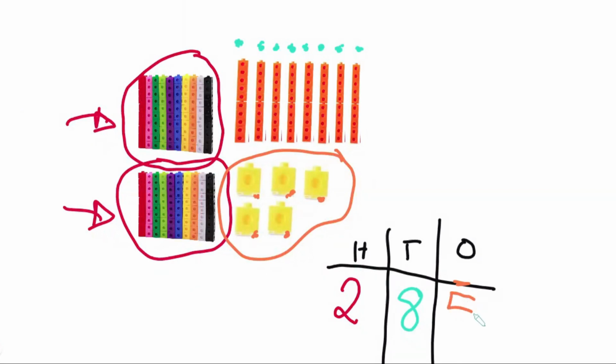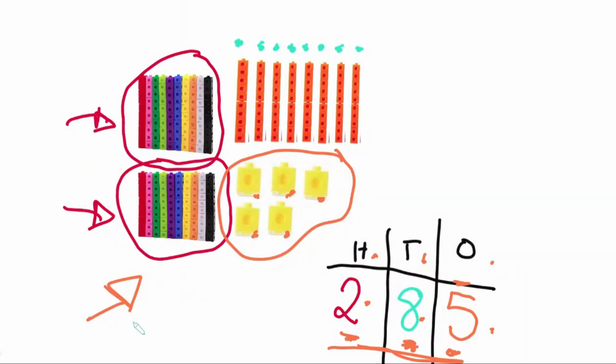We're going to pop number 5 in there. So this number represents this full amount of blocks. But the question is, what number is it? So here, we're going to read the number together. We have 2 hundreds and we have 8 tens and 5 ones. And the number is 285.